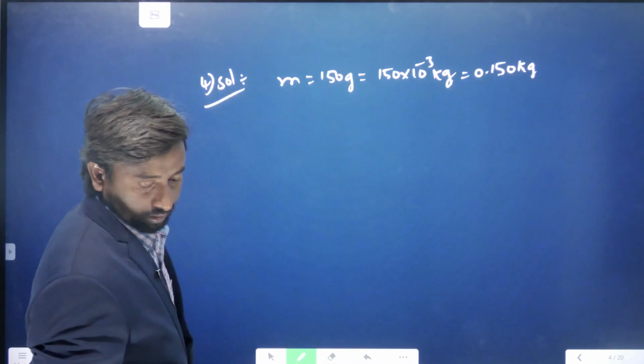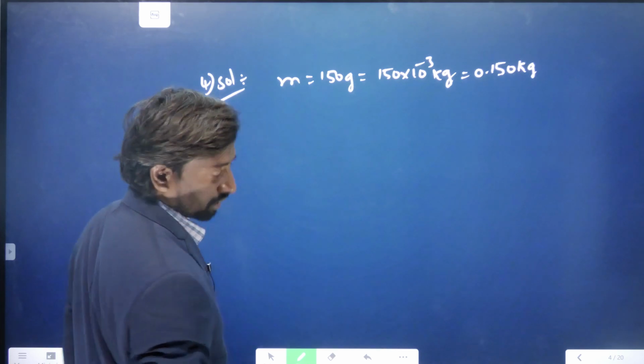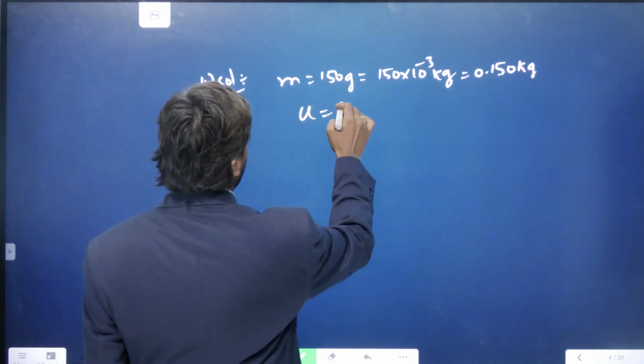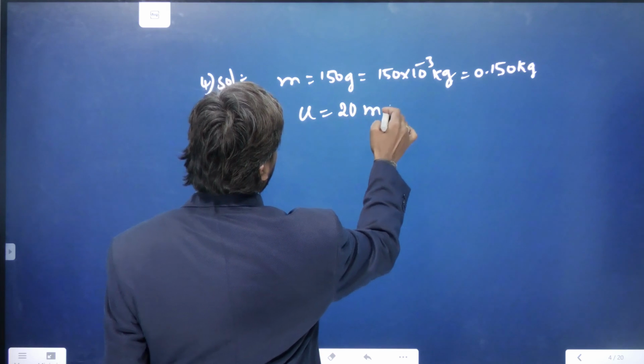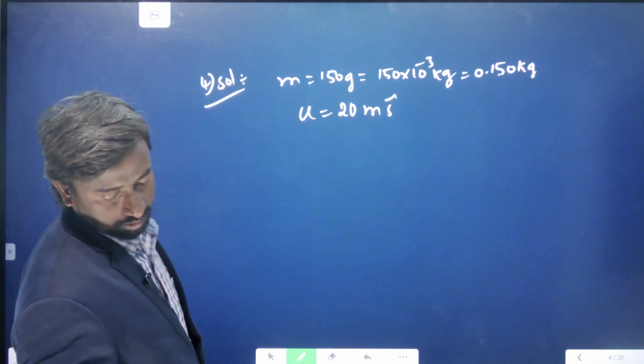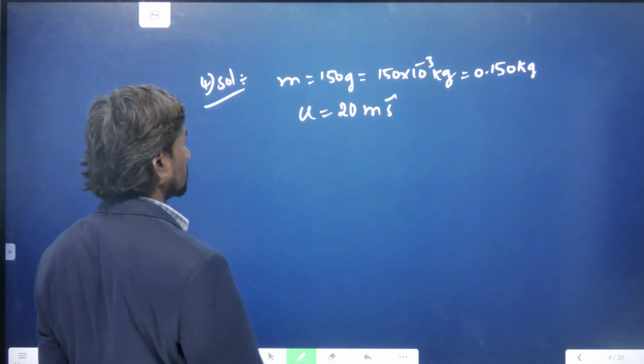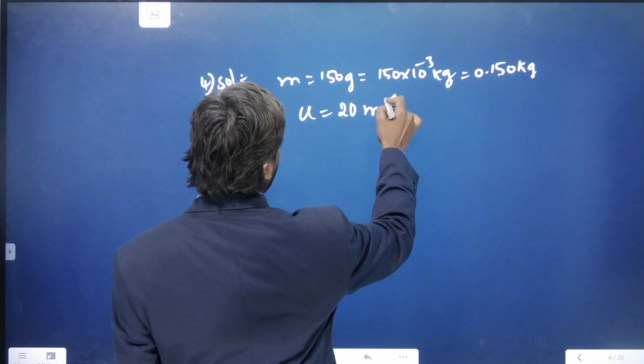Now, what have they given next? It is moving with a speed, so the initial velocity is 20 meter per second, and the catching process is completed. How much time has it taken?